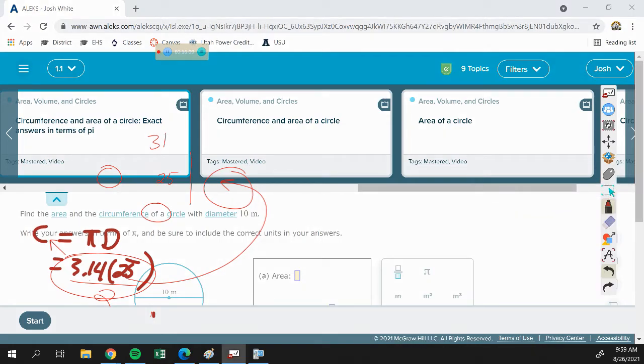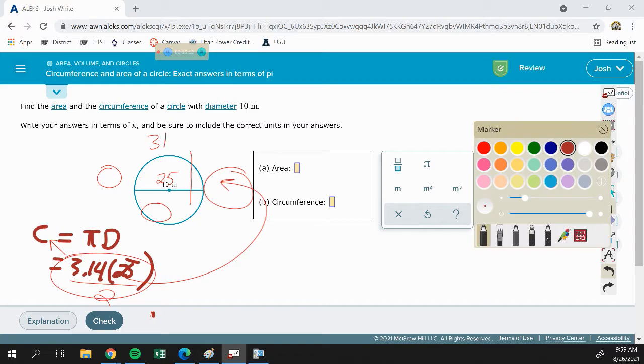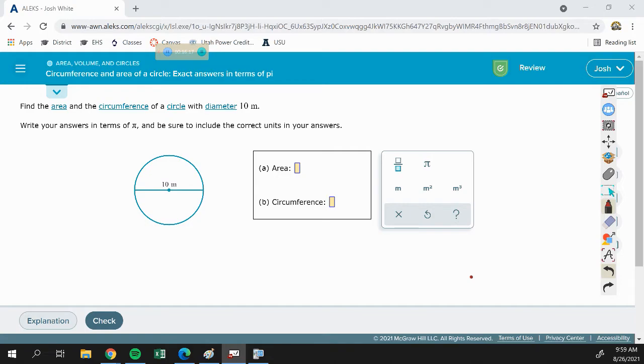Okay. So sometimes mathematically it doesn't make sense to do the decimals, which is a little confusing to you guys. But whenever you see exact terms, just don't plug in 3.14. Leave the pi symbol. So if this is my D, what would the circumference of this circle be?